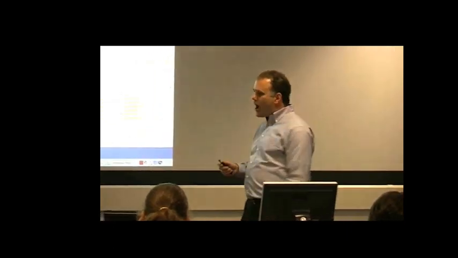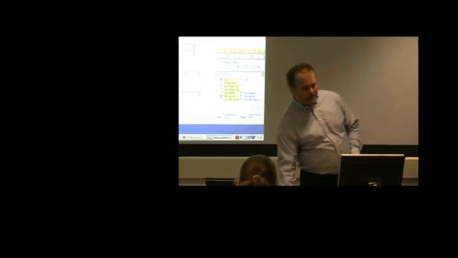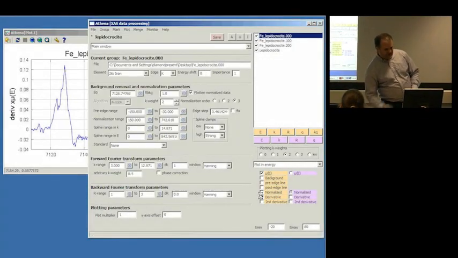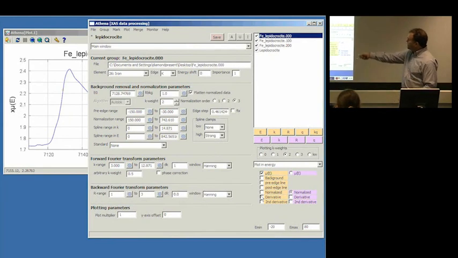The zero of k is certainly somewhere in here. We choose the first peak of the first derivative because it's easy to explain. So if you're talking to somebody on the phone, you can say, okay, now I'm going to choose the first peak of the first derivative, and you'll both come up with the same answer. So we choose the first peak of the first derivative really for a very practical-minded reason. It's easy to explain, and it's easy to get right. And that's why we do that.